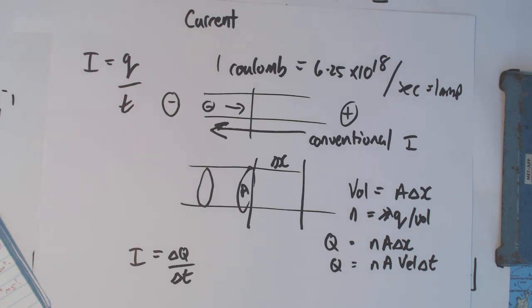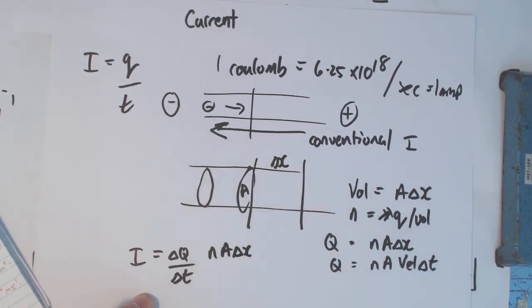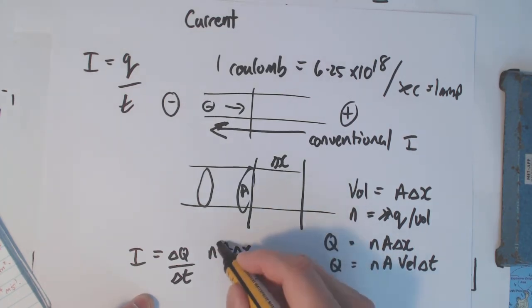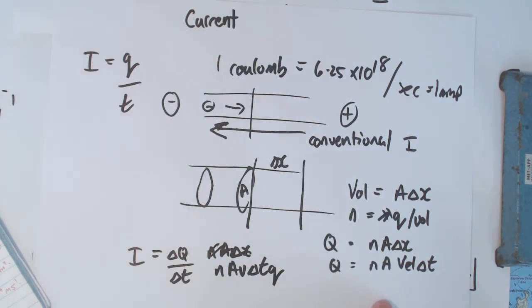Now, we've just said that that total charge is equal to n A delta x. No, we already got rid of the delta x, didn't we? Because we said n A v delta t times charge. Oh, I didn't even put that on there, did I?